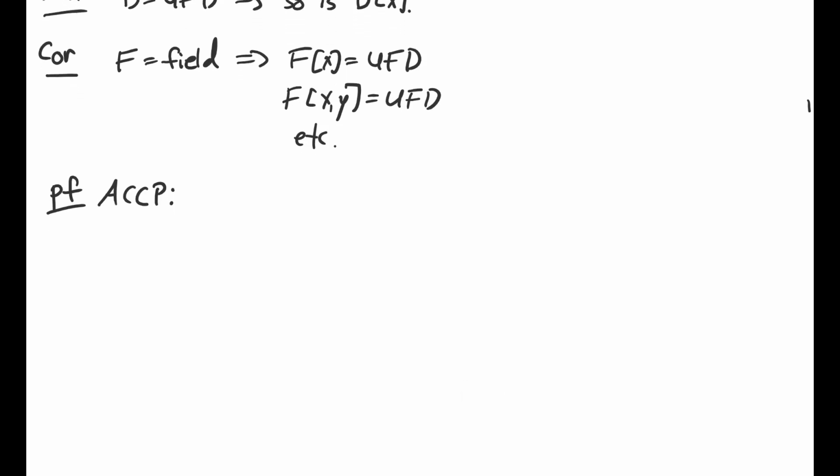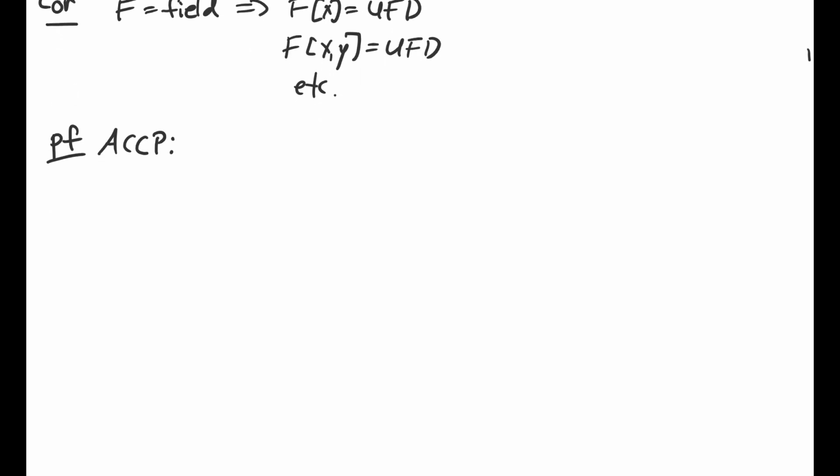We have to prove that D[x] satisfies the ACCP. So start with a chain of principal ideals, (f_i) contained in (f_{i+1}), for i bigger than or equal to 0, say. And we want to show that it stabilizes. Well, containment of these types of ideals, as we said, is the same as a division problem.